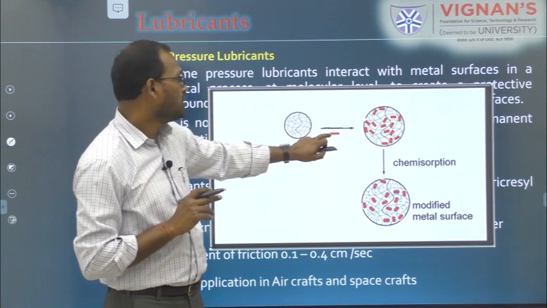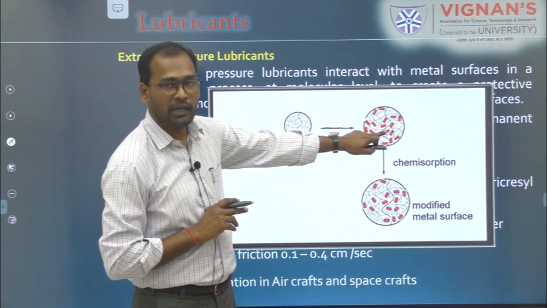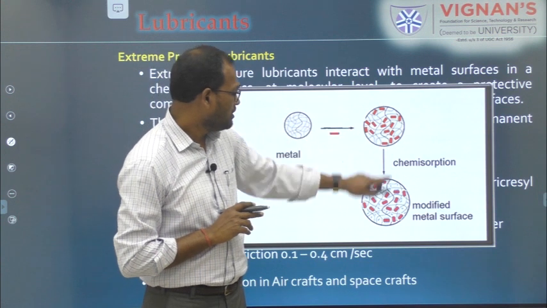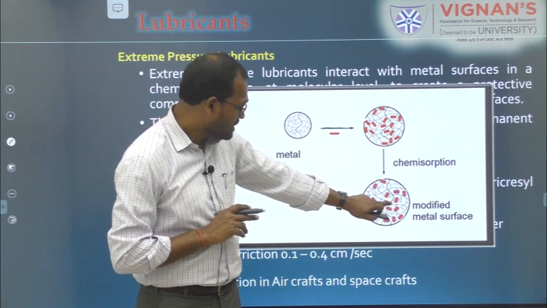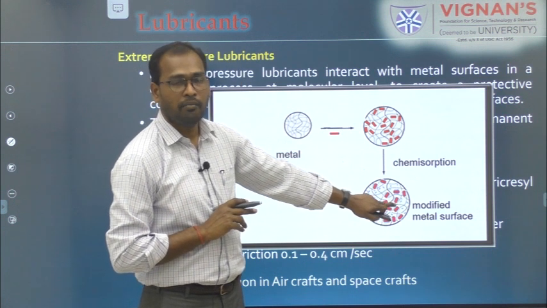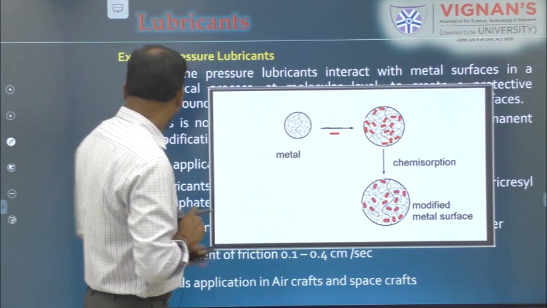This lubricant reacts with the metal surface and forms a permanent chemical bond over the surface, and this permanently formed material acts as the lubricant. So this is how it works.